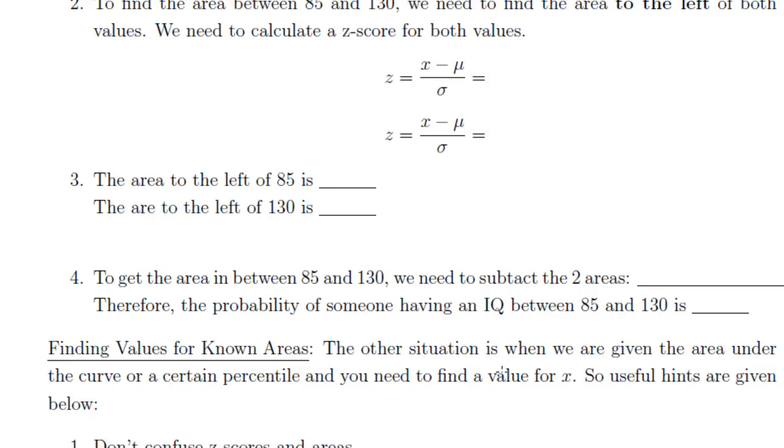So my 2 z-scores then, the first one would be 85 minus 100 divided by 15, and that's equal to negative 1.00.